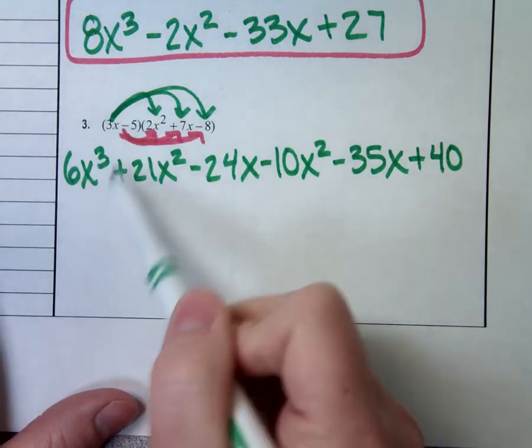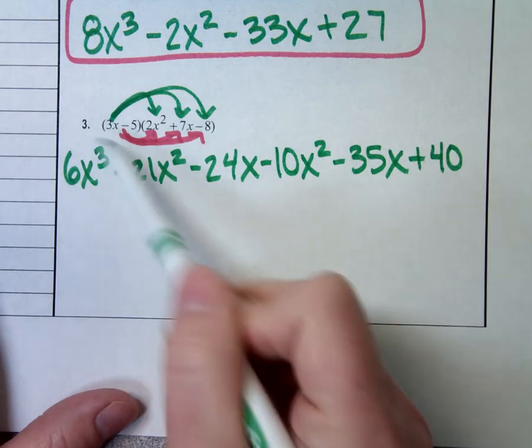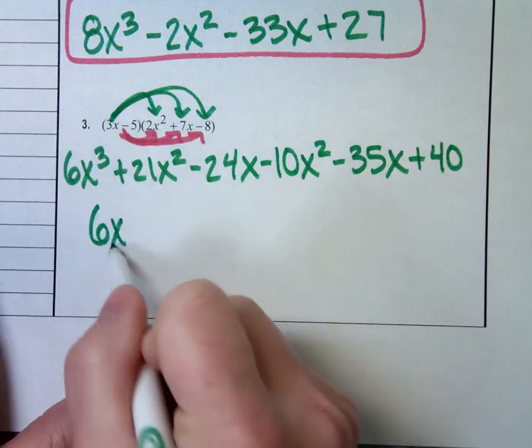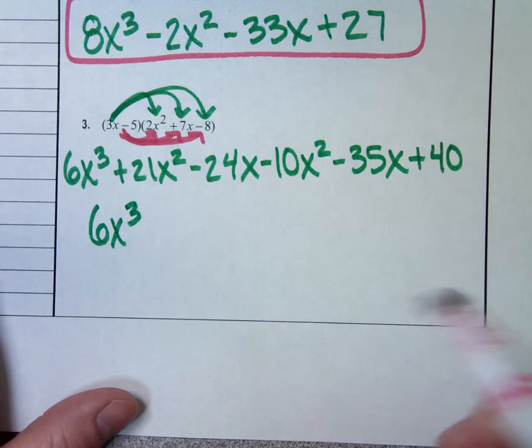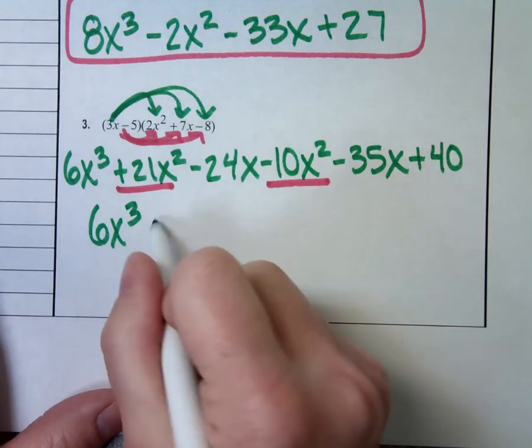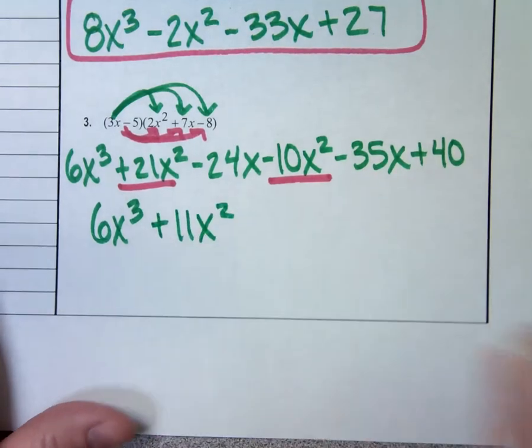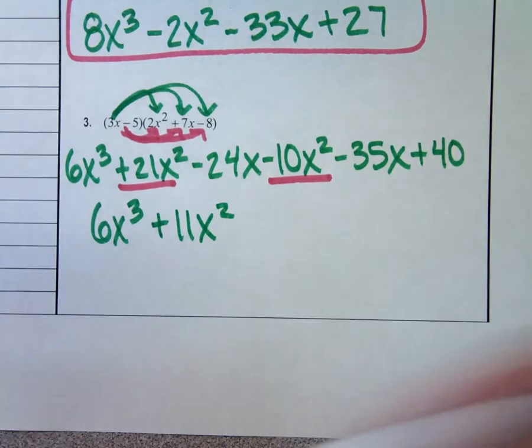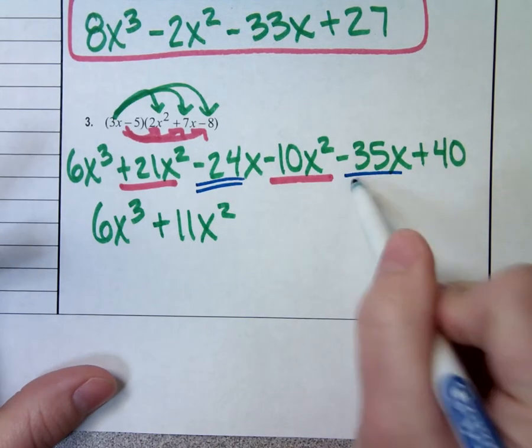So do you see any other x cubes besides this one? Nope, drop it on down. Now let's look for x squareds. Here's an x squared and here's an x squared. What do you get if you combine a positive 21 and a negative 10? A positive 11x squared. Now let's look for x's. So here's an x and here's an x.